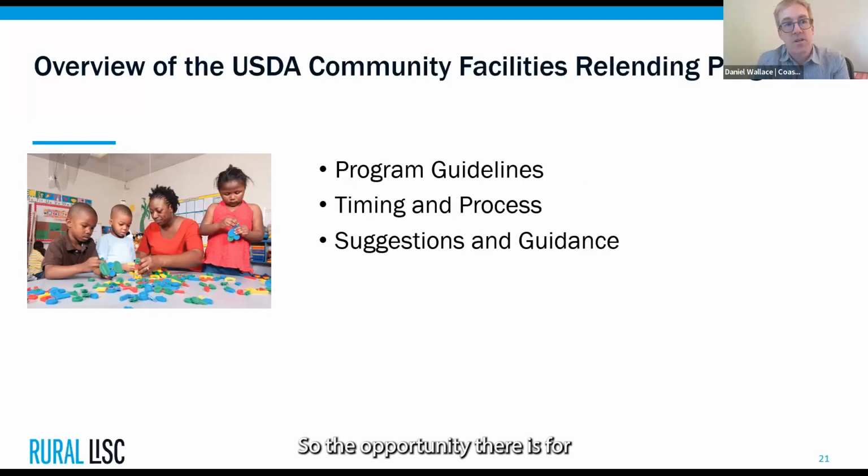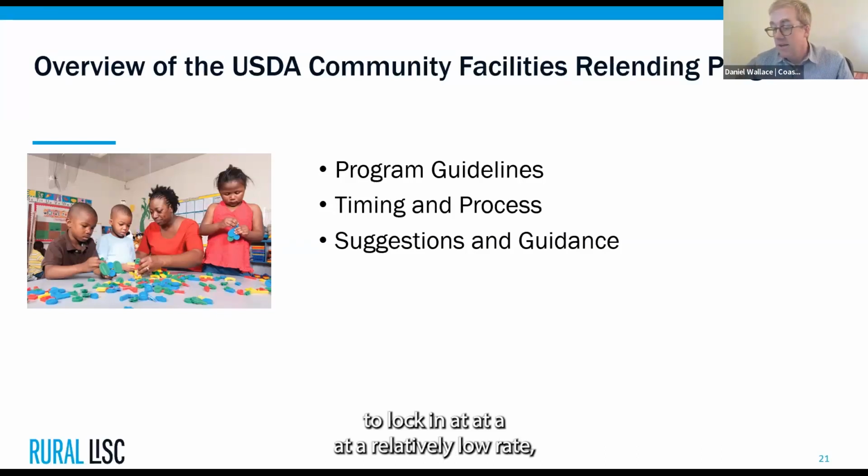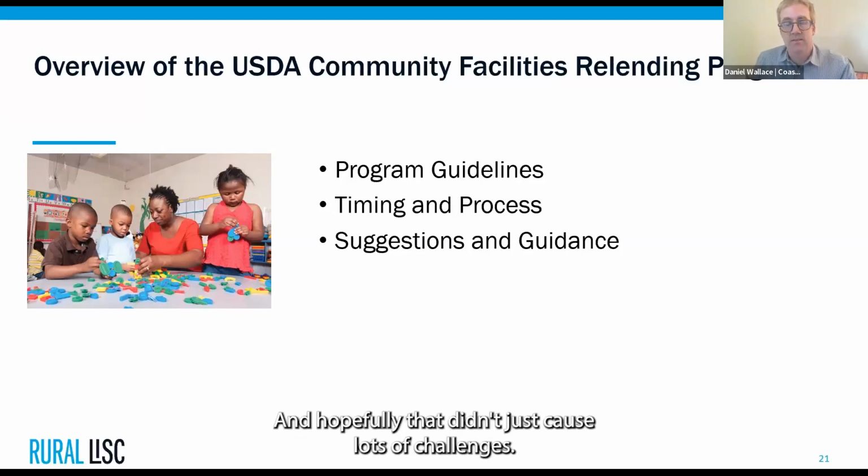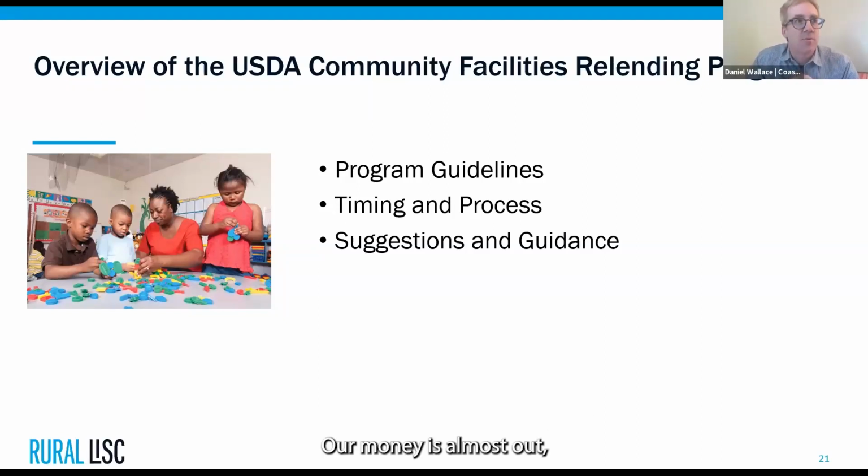So the opportunity there is for an organization to lock in at a relatively low rate. CEI is at about 5.25% with these deals. I'm not sure what LISC is doing, and hopefully that didn't just cause lots of challenges, Kathy, but we're doing them at 5.25%. Our money is almost out.